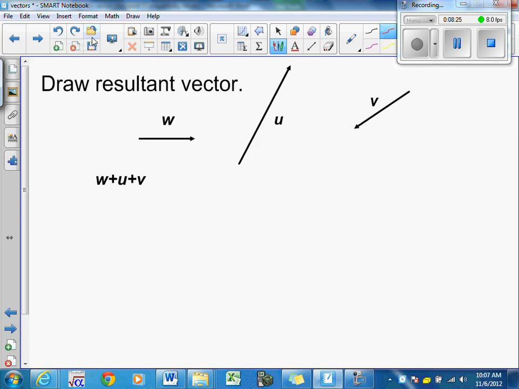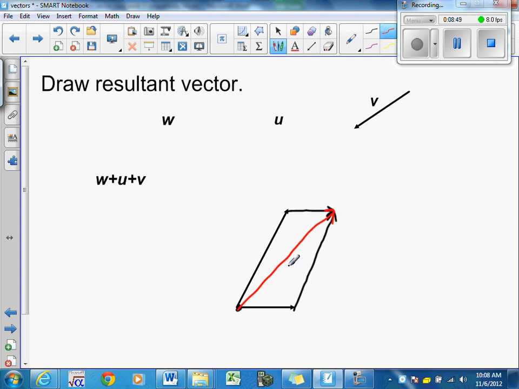Let me just say here, if you have 3, all you do is you add all 3. So I would take W plus U, and I would do that. Here's my W, here's my U. So my resultant vector is right there.